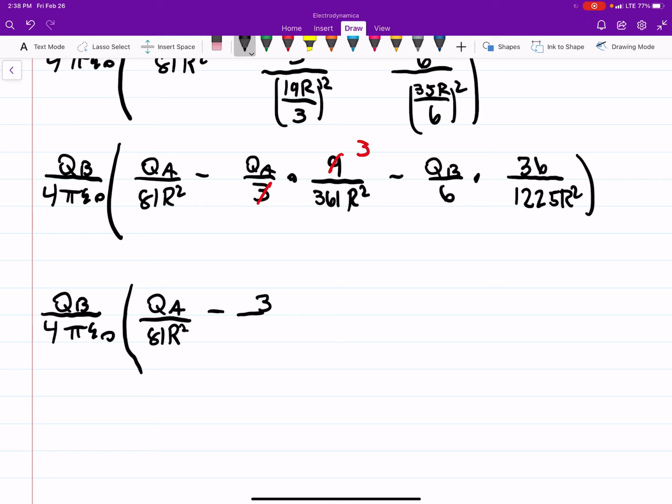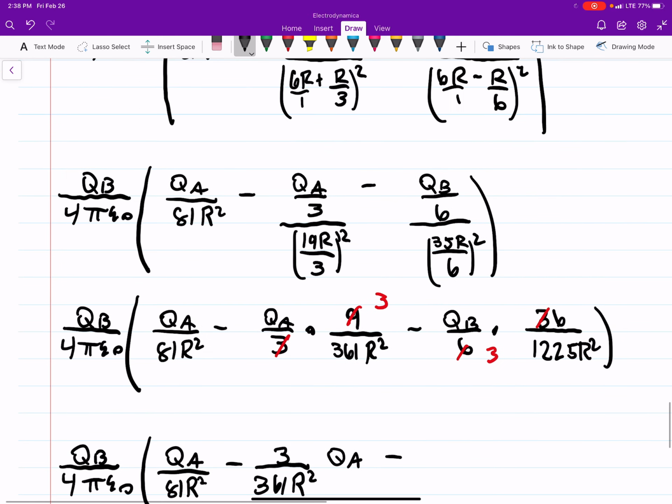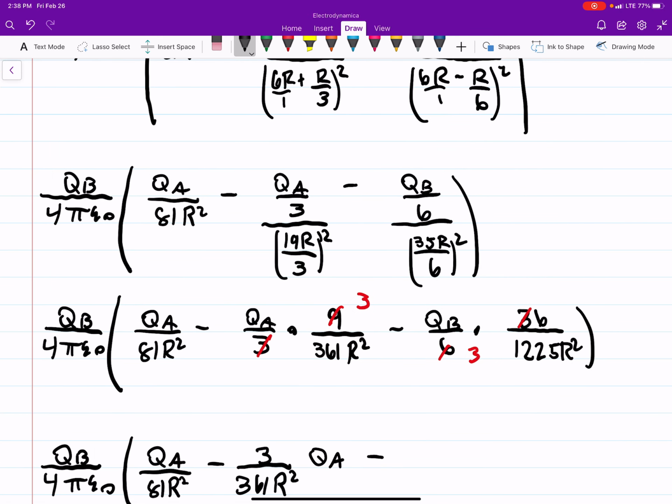So 3 over 361 r squared QA, minus, let's see, flip it.